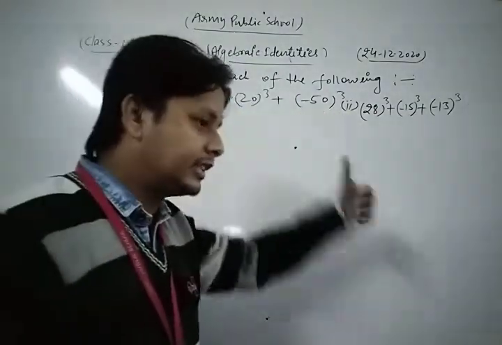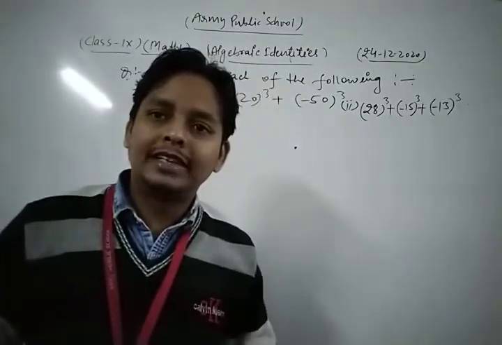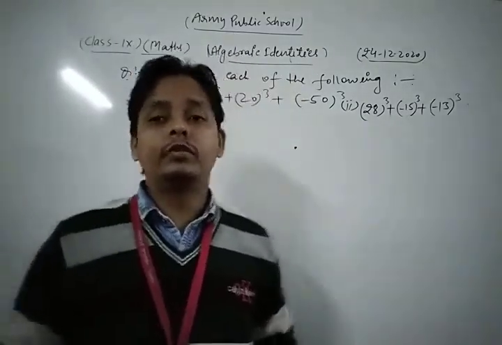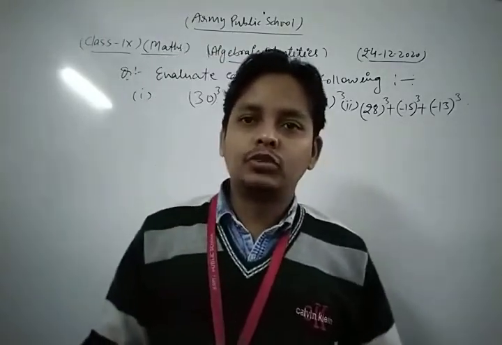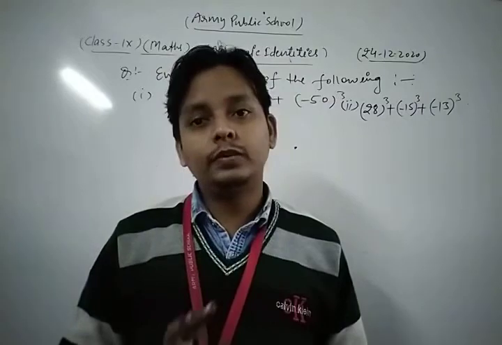After that, we check the value of a plus b plus c. If it is 0, then we apply the identity a cube plus b cube plus c cube is equal to 3abc.